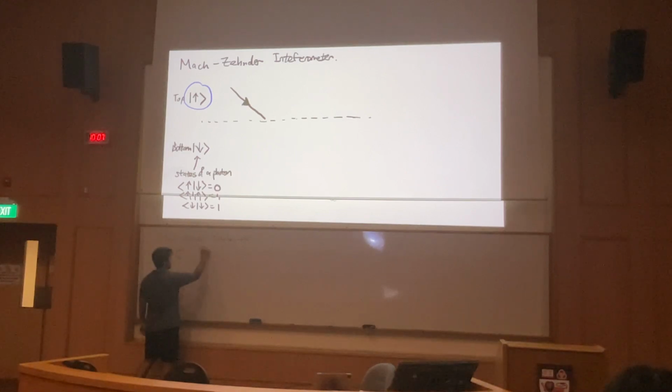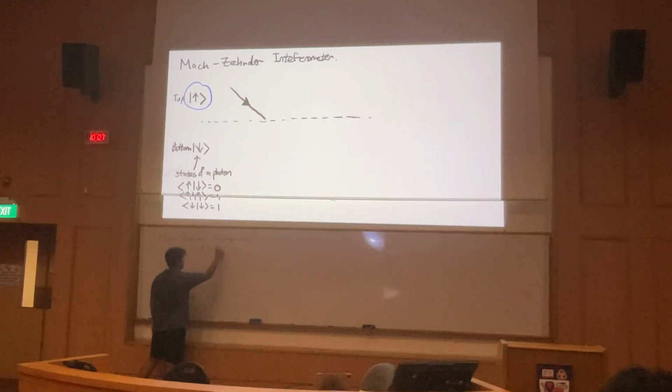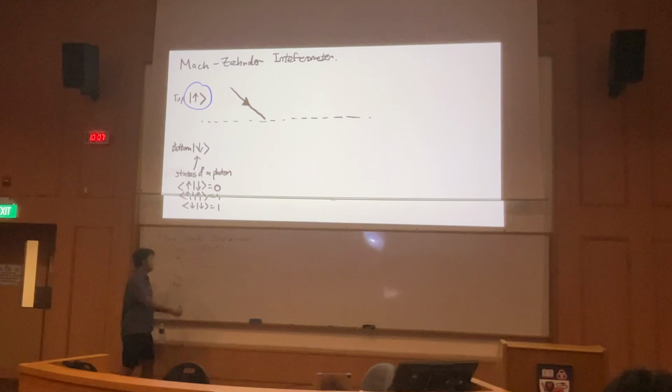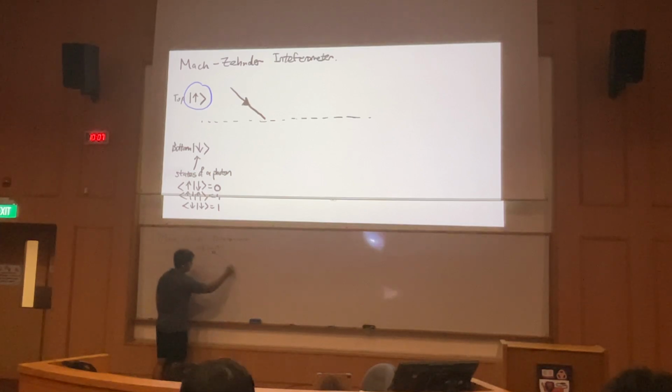And so my initial state is a photon living in this top half. Then they're going to set it down in this direction.